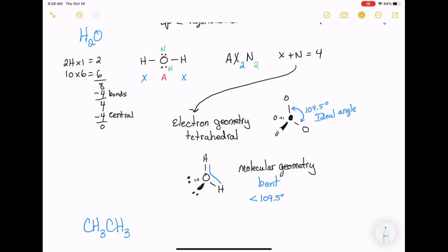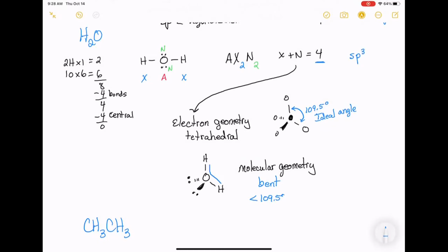We can also get from our X plus N of 4 the hybridization on the oxygen, which is our central atom, because our s and our p's must add up to 4.